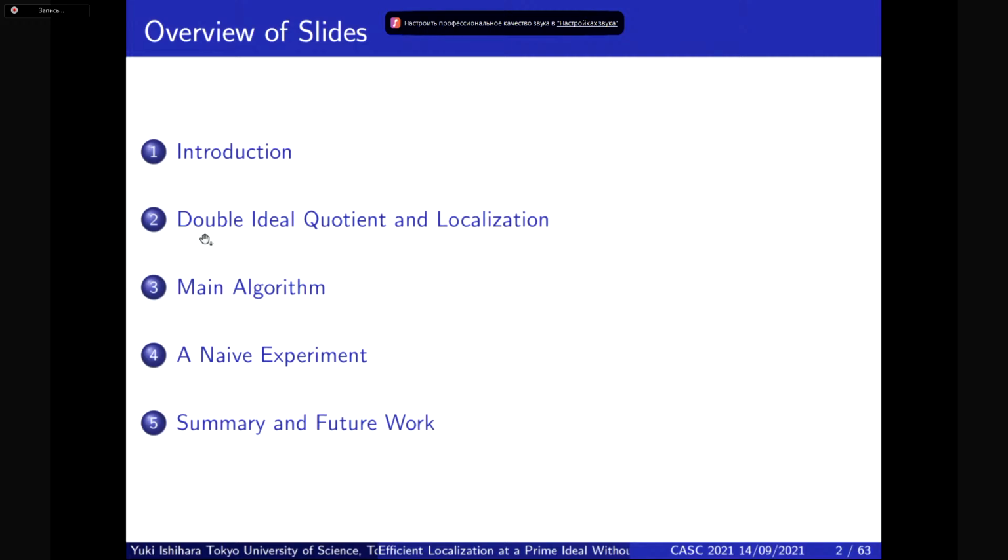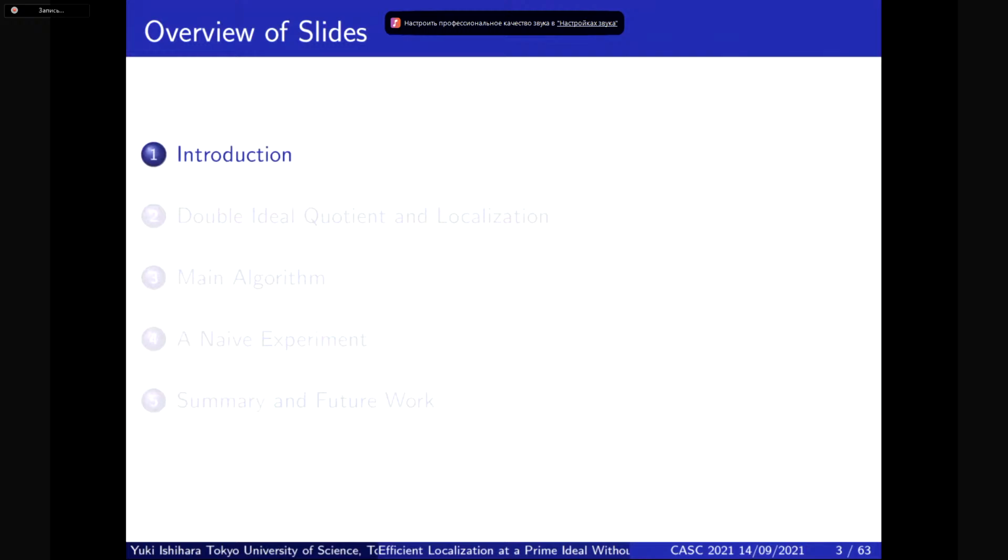Second, I explain double ideal quotient and localization. Third, I explain the main algorithm to complete localization at a prime ideal. Then we see some naive experiments about the algorithm. And finally, we see the summary and future work.